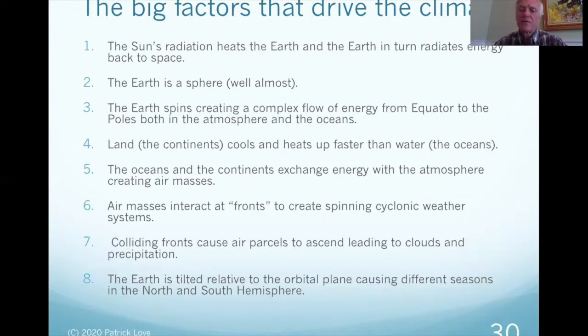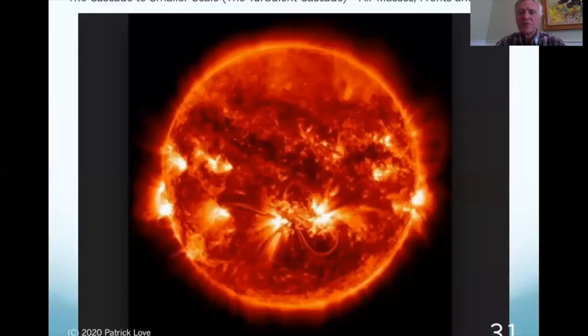And a little bit about cooling and heating of the oceans relative to the land, because what we know is that the water heats up a lot slower. It has a higher heat capacity than the land does, and that general circulation tries to move energy from the equator to the poles. What we're going to talk about today is factors that get us closer to the weather.